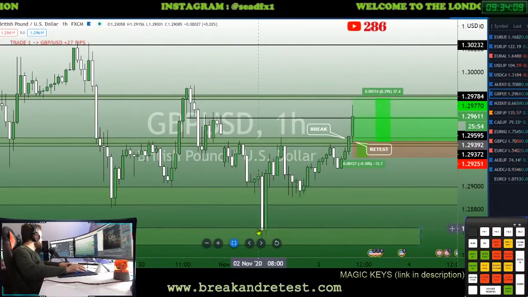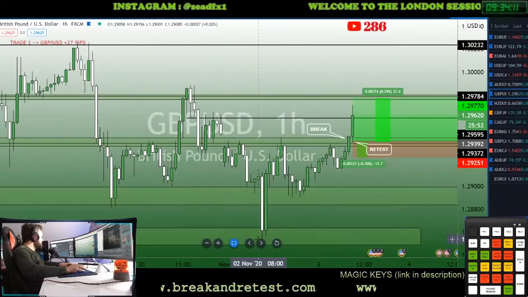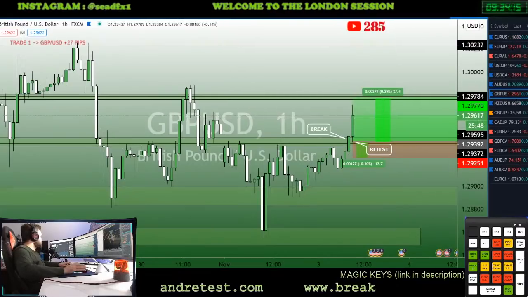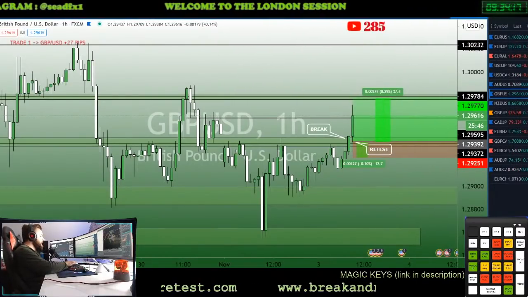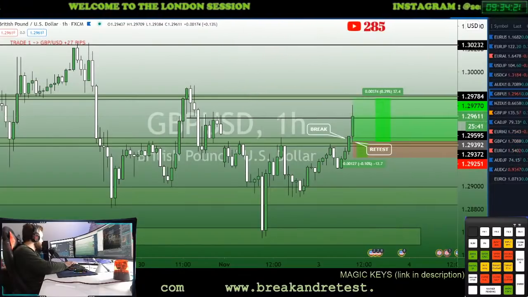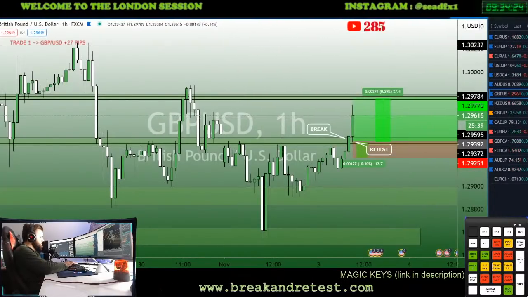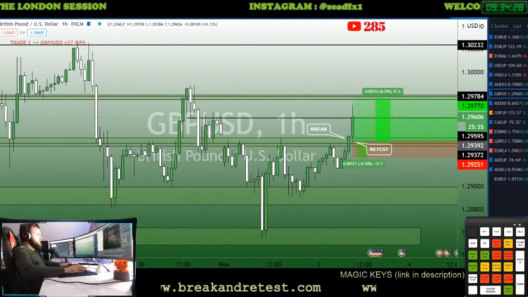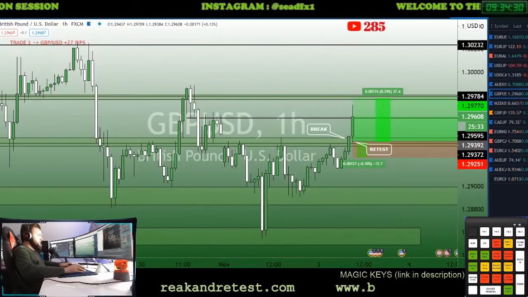I think the part that a lot of people don't understand is that we enter on the open candle, while it's doing the retest. Yeah, exactly. Because that was my problem at the beginning as well. I was waiting for candles to close bearish and then bullish to have my retest.